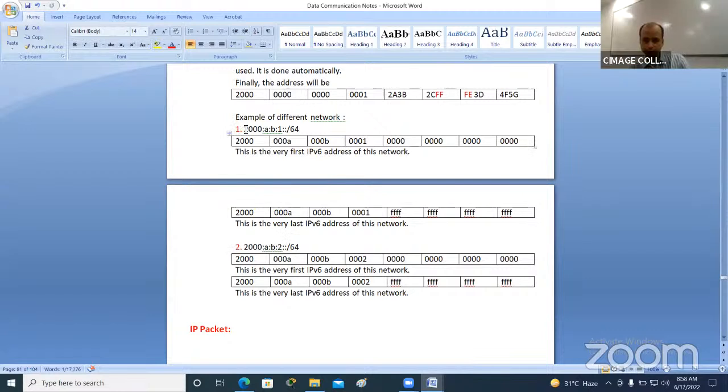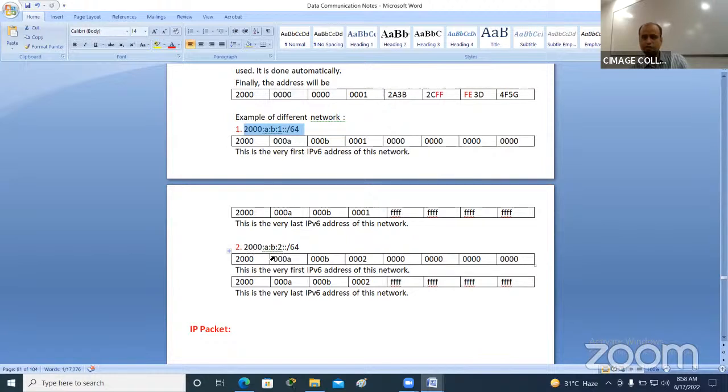This is the first network, and here the network value is 2000:A::B:1. I have decided these 4 values only to define a network. Just see the second example, 2000:A::B:2.